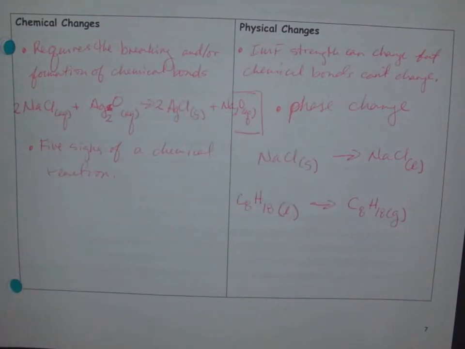So I do want you to know those 5 signs of a chemical reaction. If there's just one, yeah, it might be a chemical reaction. If there's 2, I can pretty much say that there's a chemical reaction. The more signs that there are, the higher the likelihood it is that it's a chemical reaction.